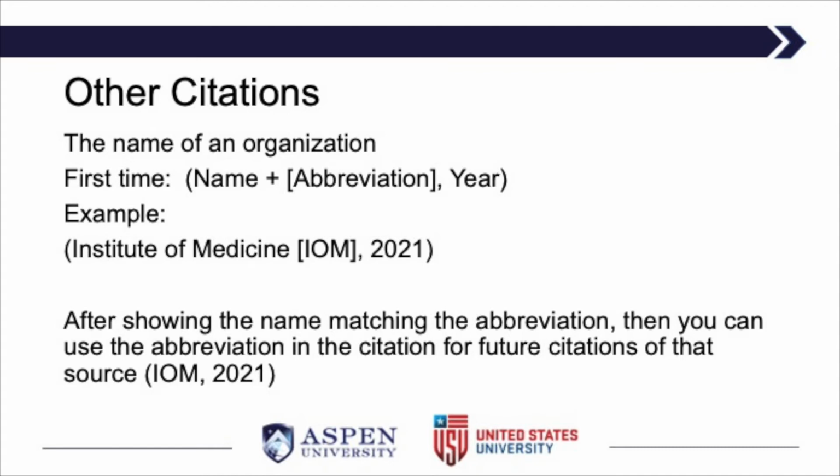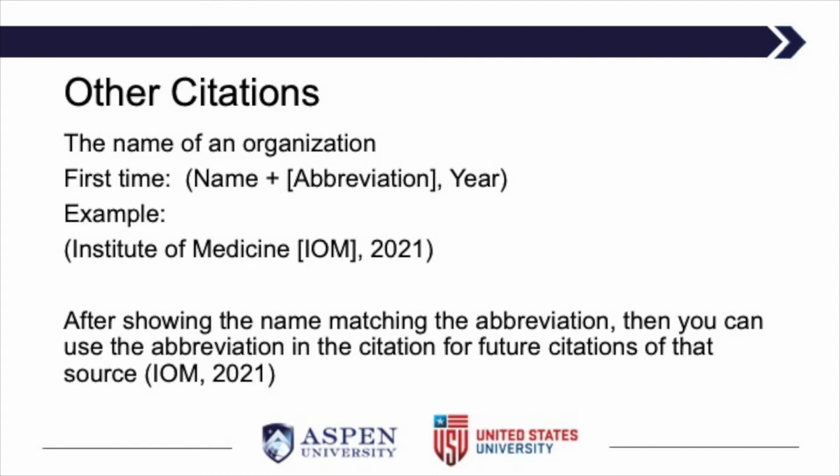So if you're going to use something like that, an organization that has an abbreviation, what you would do is spell out the name of the organization and then, using brackets, put the abbreviation, comma, and the year.